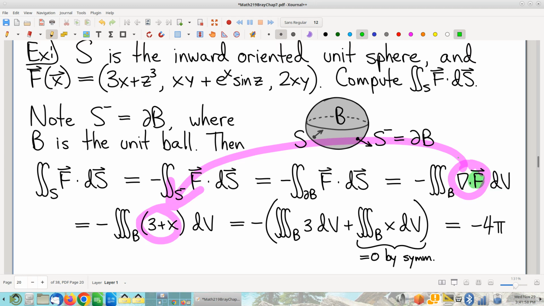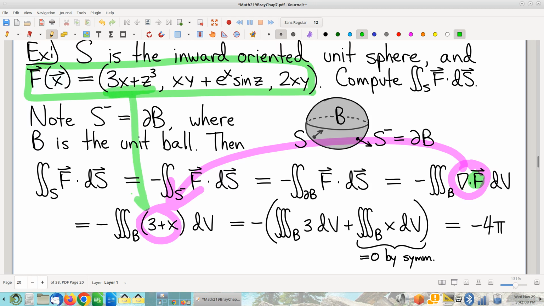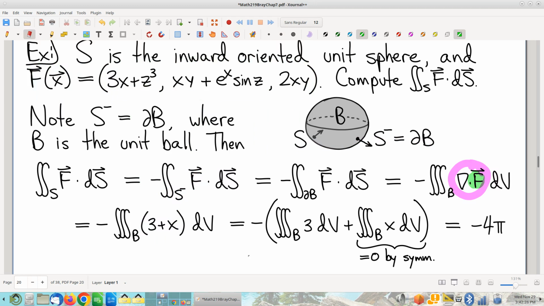Our vector field here, you've got to apply the usual divergence formula, and the divergence formula says I'm going to take the x partial of the first coordinate, that gives me 3, then the y partial of this second coordinate, that gives me x, and then the z partial of this third coordinate, which of course just gives me 0. I can ignore that. And so my divergence is 3 plus x. That's just details. Make sure you're good with that.